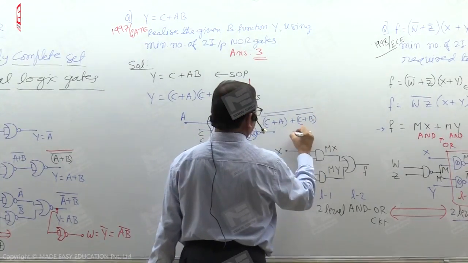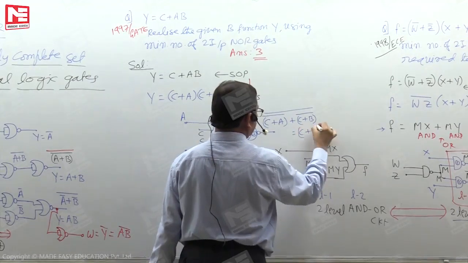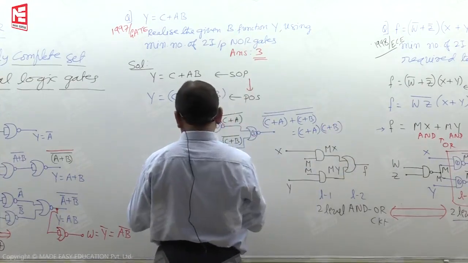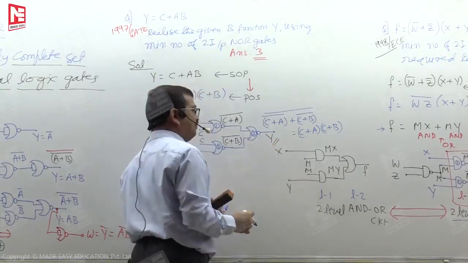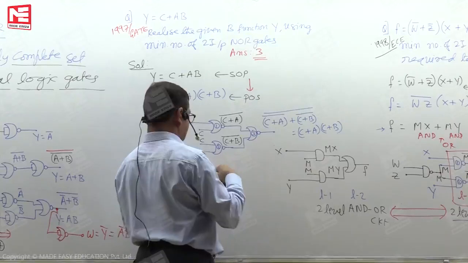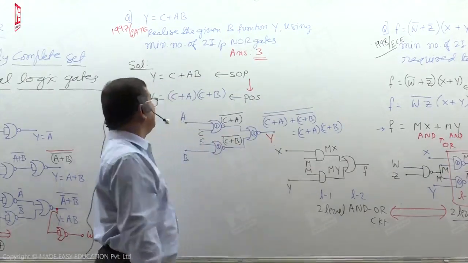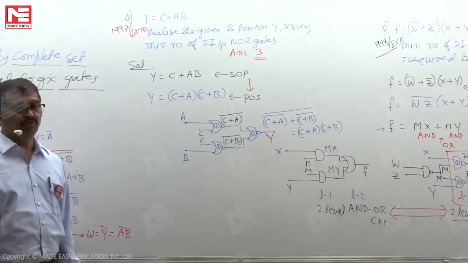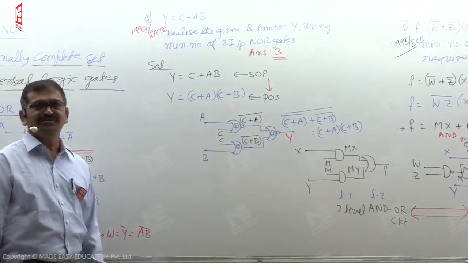If you work it out with De Morgan's property, this will be (C+A) and (C+B). It is the one we need as Y. So to realize the given function Y, the total number of NOR gates we need is only 3. Hence the answer is 3.